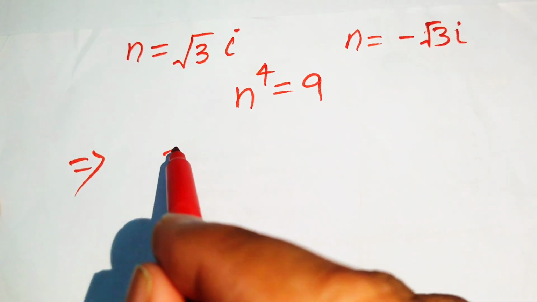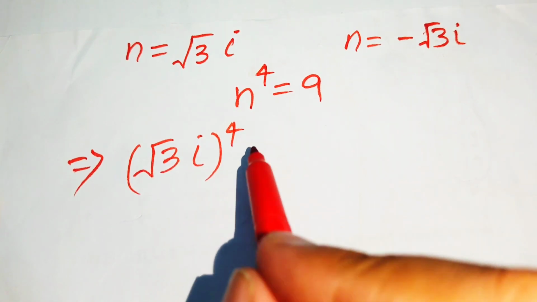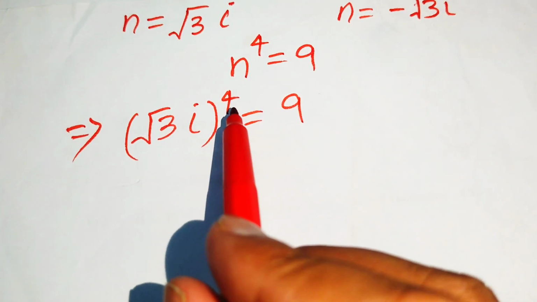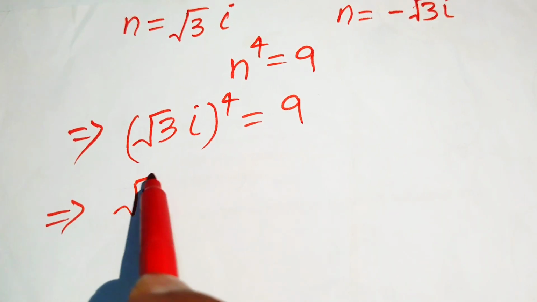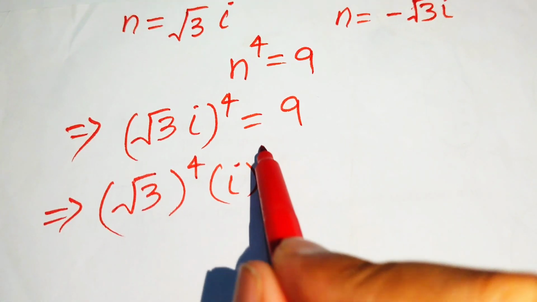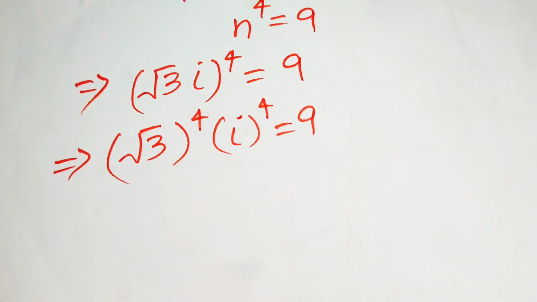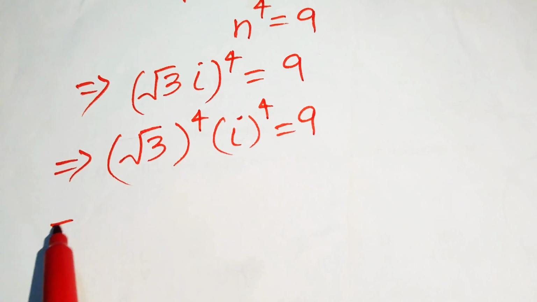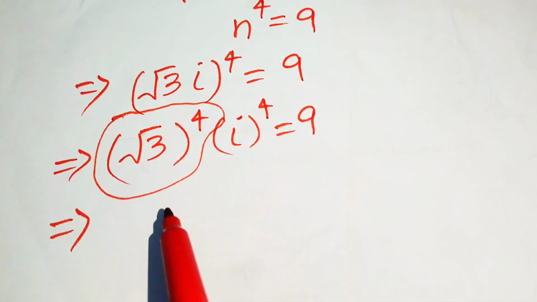When we substitute it here, it will be written as (√3 iota)^4 = 9. Here we separate the exponent on both of these terms, and it will be written as (√3)^4 times iota^4 equals 9. In the first case, we check that the value of (√3)^4 is equal to 9. So this whole term equals 9.